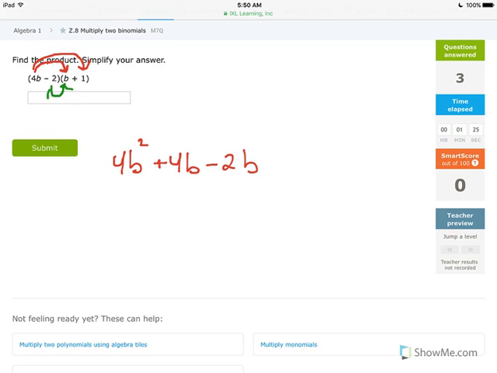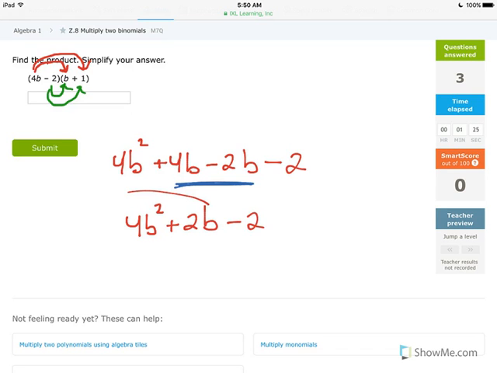And negative 2 times the 1 should get you negative 2. And then combine like terms in the middle. So these are like terms. So you have 4b squared. 4b minus 2b leaves you with positive 2b. And then minus 2. And that should be your final answer for that one.